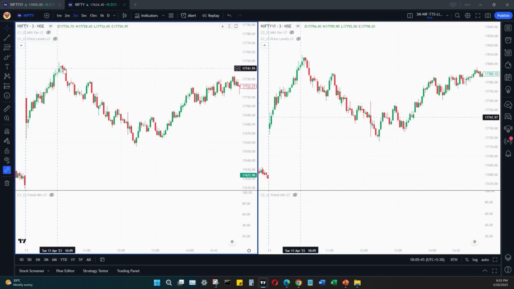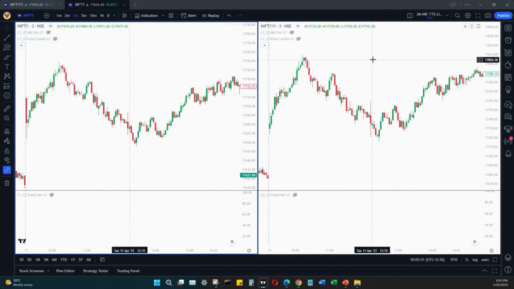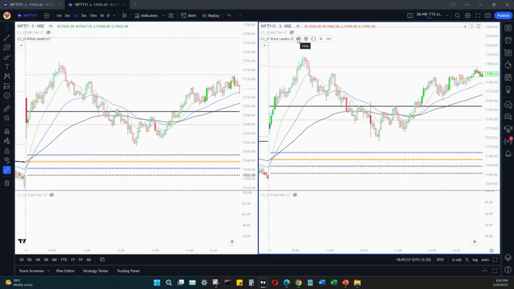Though the concepts are the same, the parameters and the settings used on this chart and on the other chart, the Nifty futures chart, are completely different. So I'm just going to bring the indicators on one by one. The price levels indicator is nothing but the location. So I use the daily pivot, the previous day high, low, and close, and also we have the moving averages, the three set moving average band.